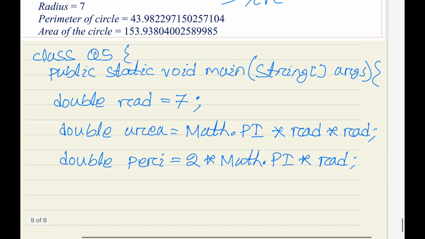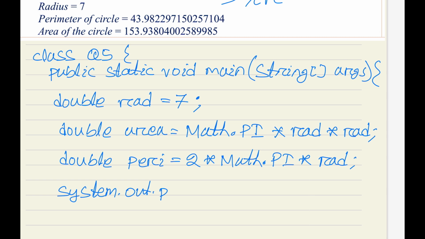So now we can simply use System.out.println, then we can write this one, radius equal to 7. Here this 7 is the value of the variable rad.